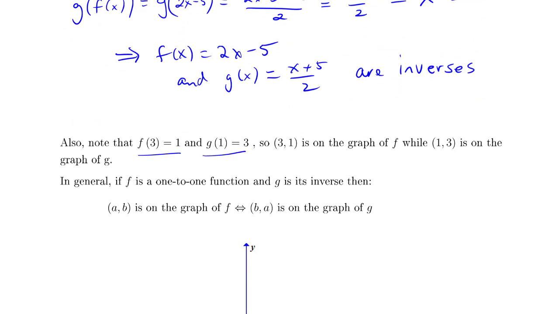That makes sense, being inverses. So (3, 1) is on the graph of f because you put 3 in, you got 1 out. And (1, 3) is on the graph of g because for g you put 1 in and got 3 out.